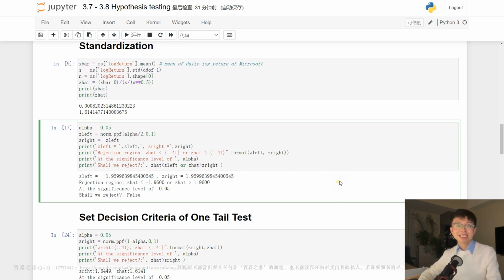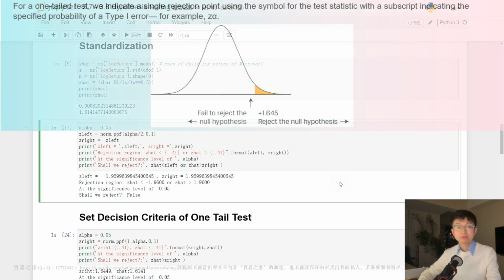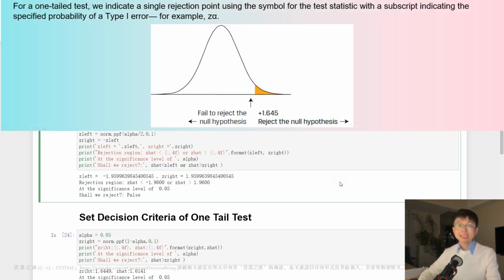So in hypothesis testing, we need to choose the appropriate test based on the specific hypothesis that we want to test. In the case of testing whether the population mean is positive, we need to use a one-tailed test with a null hypothesis that the population mean is less than or equal to 0, and the alternative hypothesis that the population mean is greater than 0.